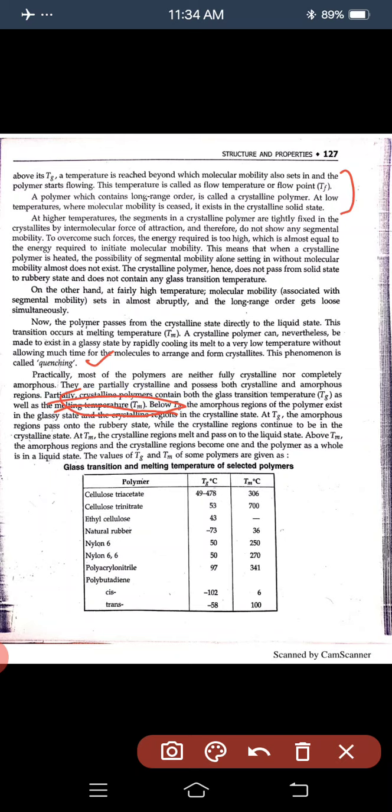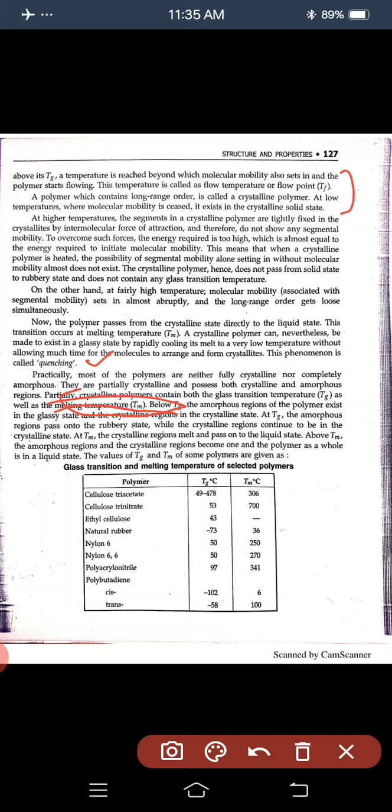At Tg, the amorphous region passes to the rubbery state while the crystalline region continues to be in the crystalline state. At Tm, the crystalline region melts and passes to the liquid state. Above Tm, the amorphous and crystalline regions become one, and the polymer as a whole is in the liquid state.